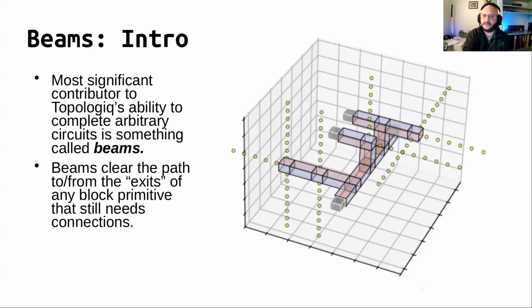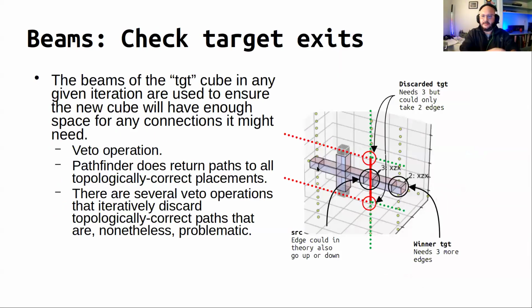So they clear the path to and from the edge, the cubes that still need connections. Notice that not all of the cubes have beams. The beams only come out of cubes that still need connections.